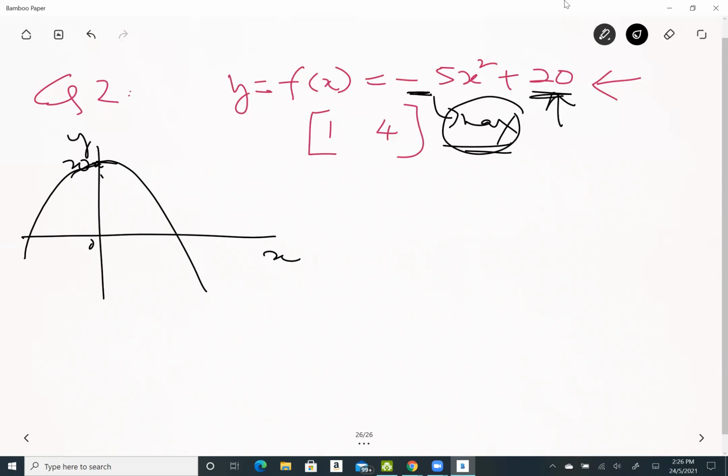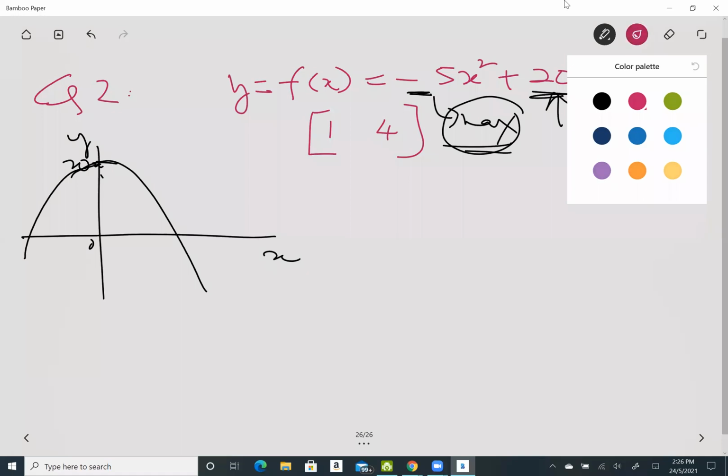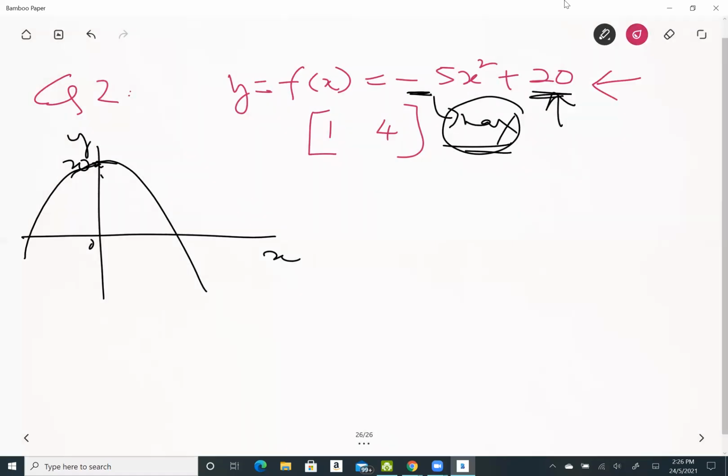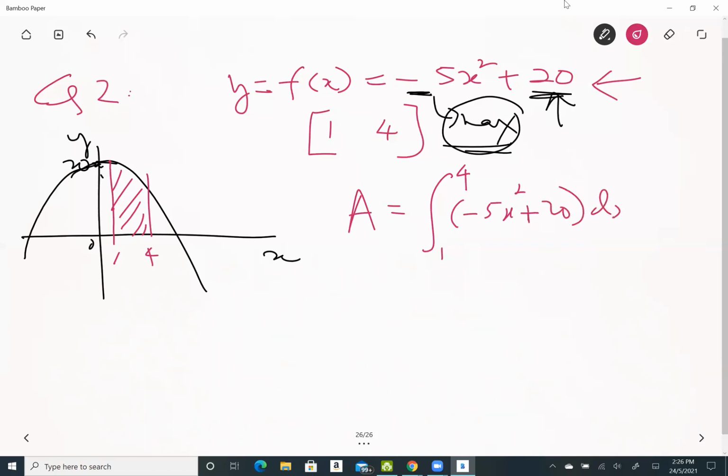Now, we want to determine the area under the curve from x equal to 1 up to x equal to 4. So that is the area. The integral that you want is A, which is the integral from 1 to 4 of negative 5x squared plus 20 dx.